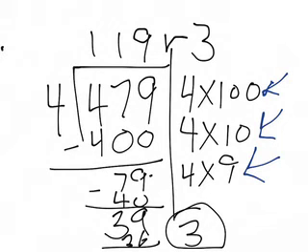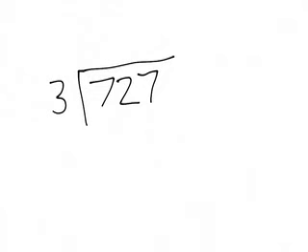All right, let's do one more together. So we're going to do 727 divided by 3. Now, a lot of the kids will start with 3 times 100 on this one, which is perfectly reasonable. It just means you're going to have more to do as you go along, but some of them can actually look at this and go, well, wait a second. 3 times 2 is 6.